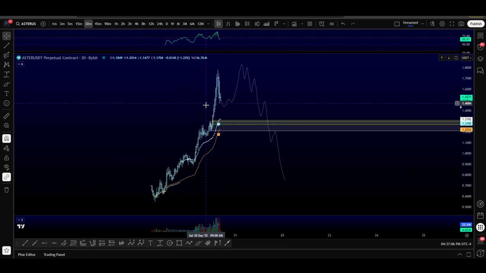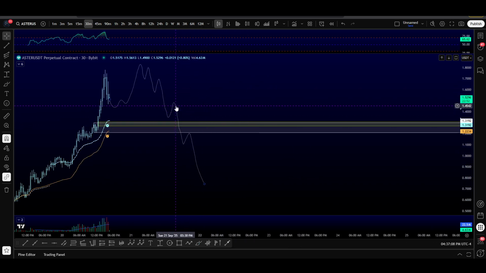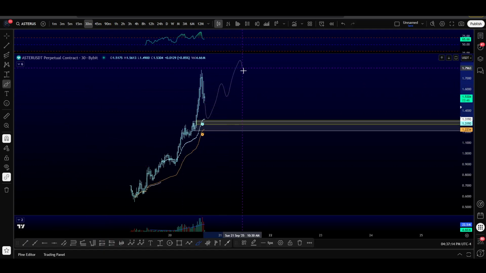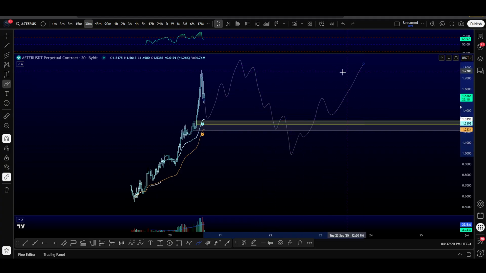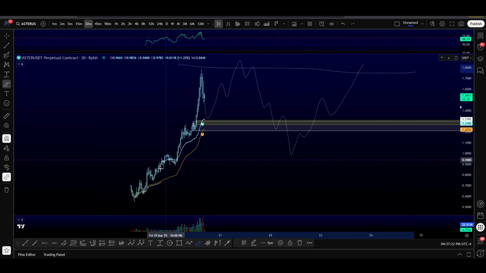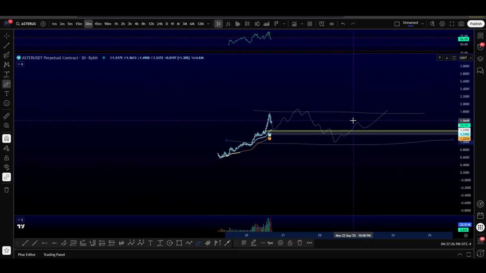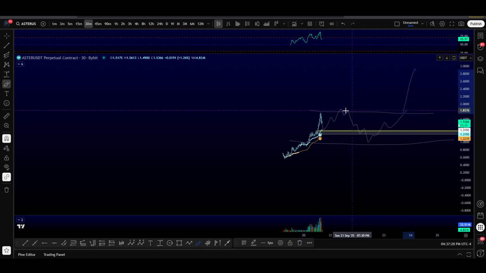But seeing how bullish this project is, I don't think this is the likely scenario. In my opinion, even if we struggle to make major new highs, I believe we'll still end up respecting some of these levels, maybe ranging for a little while before ultimately possibly even making higher highs into price discovery.